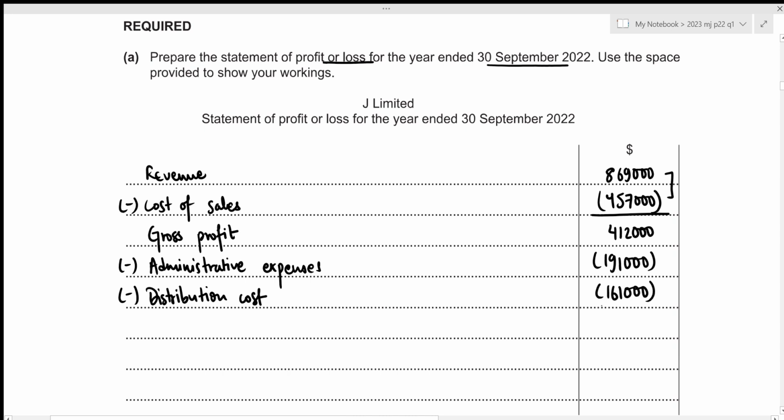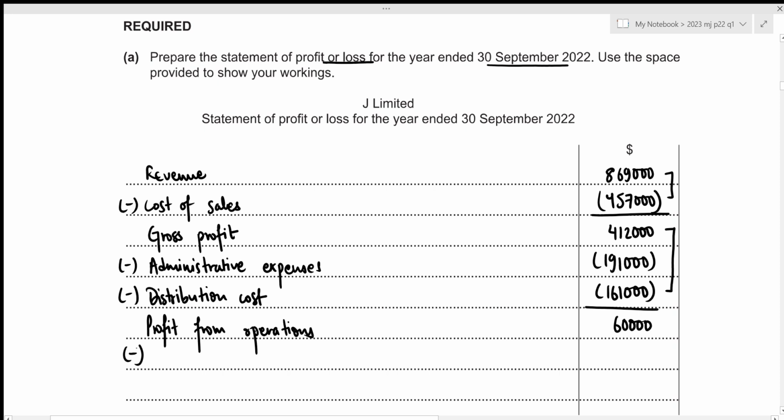Now if you subtract these two overheads from our gross profit, we'll be getting our profit from operations. And that's going to be 412,000 minus 191,000 minus 161,000, which results in 60,000.